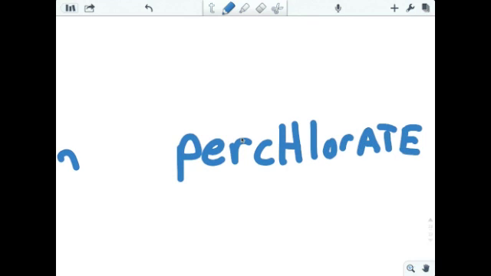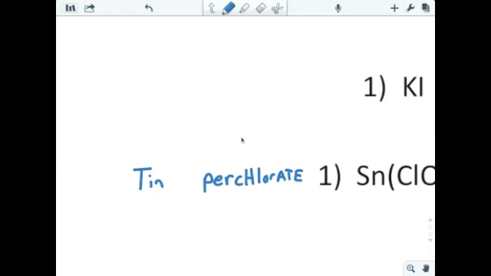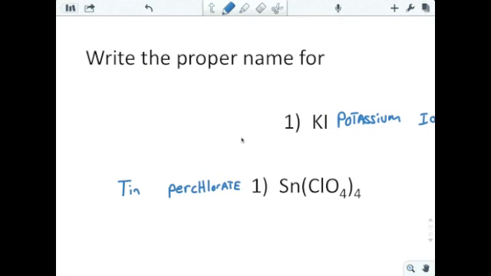And since it's a polyatomic ion, we don't have to change the ending. Now, tin is not a transition metal, but tin does need a Roman numeral because tin can have multiple oxidation states. So it can be tin-2 or it can be tin-4.